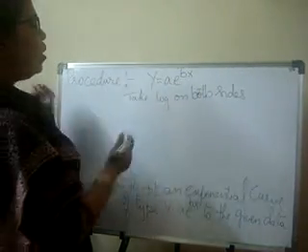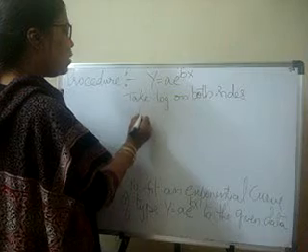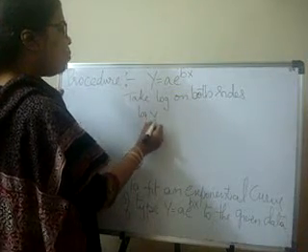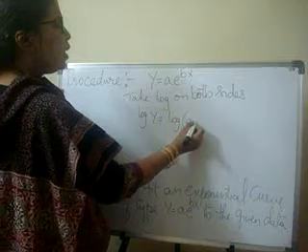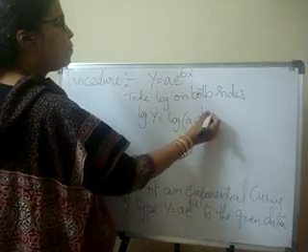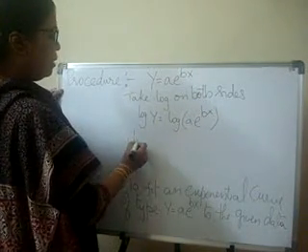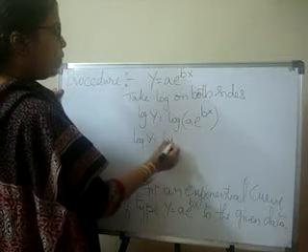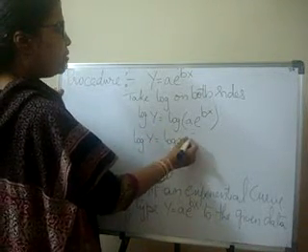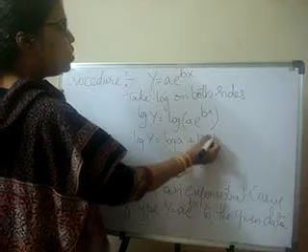Now after taking the log on both sides, what are we going to get? Log y is equal to log of a into e power bx. Now if we multiply, log y is equal to log a plus bx log e.